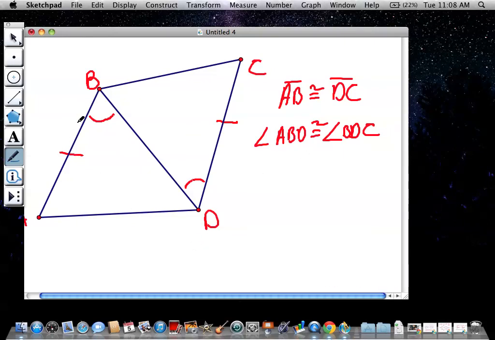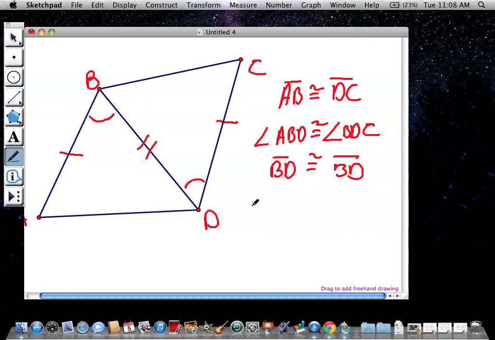So I have a side angle, I have a side angle, so I need another side. Well, if you look, BD is shared. BD is shared by the two triangles. So therefore, I have a side angle side, side angle side. So this one's congruent, this is congruent, and then BD is congruent to itself.